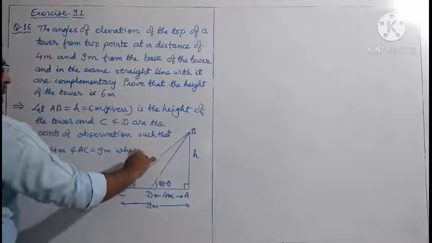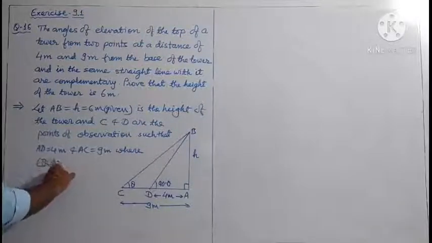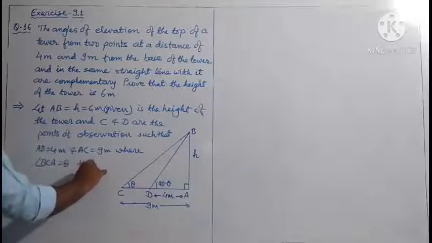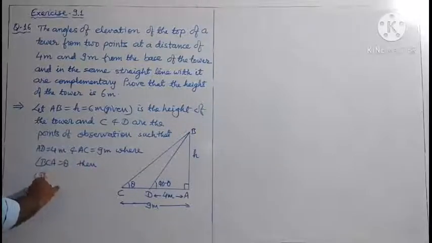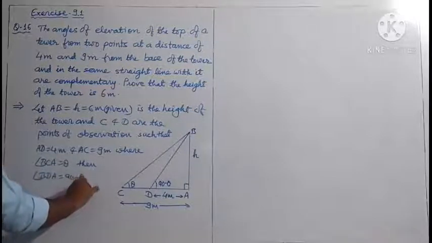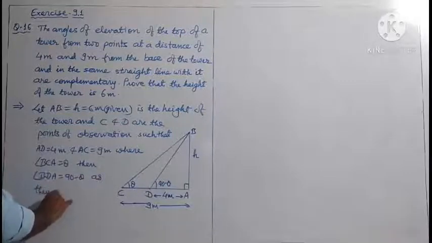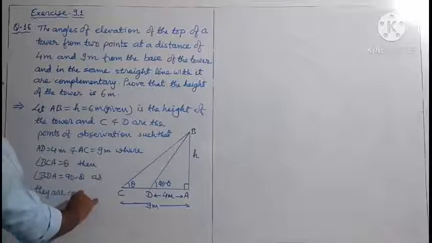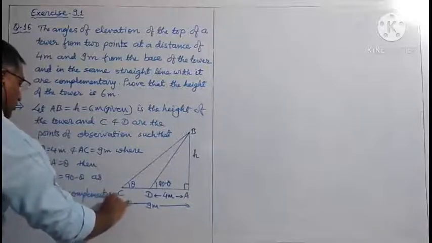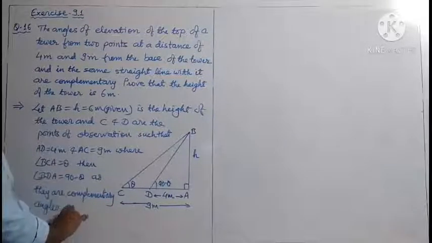Where angle BCA is equal to theta, then angle BDA is equal to 90 minus theta, as they are complementary angles, the given condition.